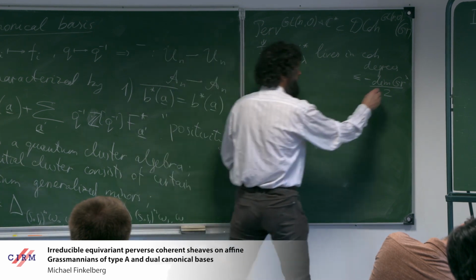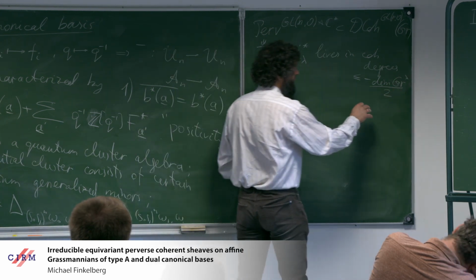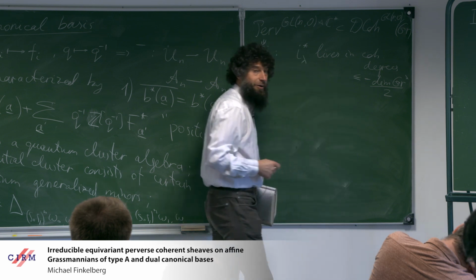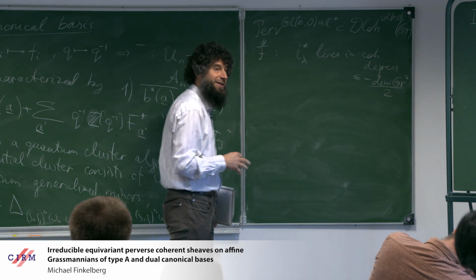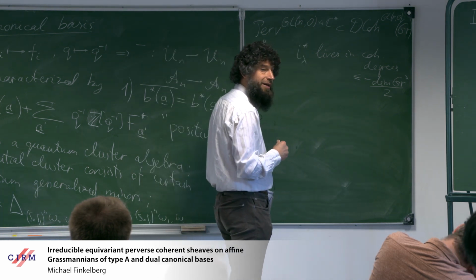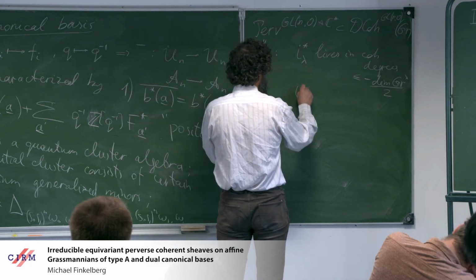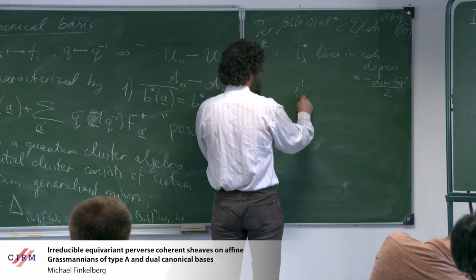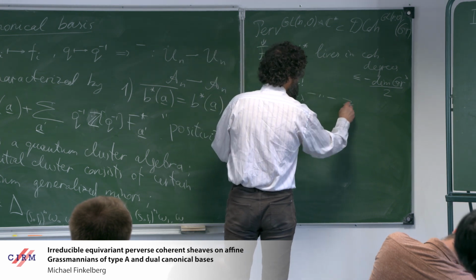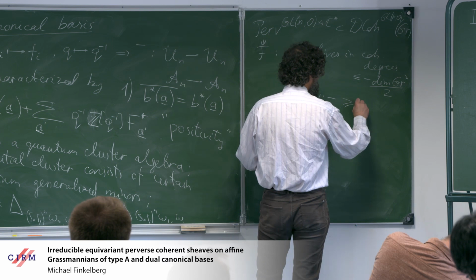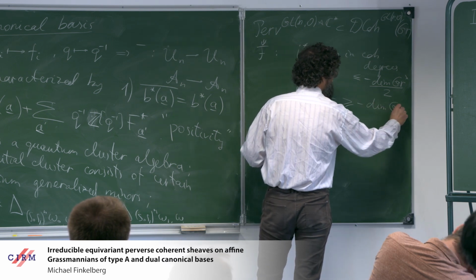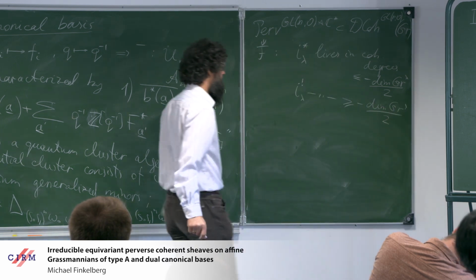And here it's very important that all the dimensions are even. Well, in fact, there are various connected components, and in some connected components they are all odd, but at least they are of the same parity in each connected component. And also, dually, the co-restriction lives in degrees at least negative dimension of Gr lambda over 2.